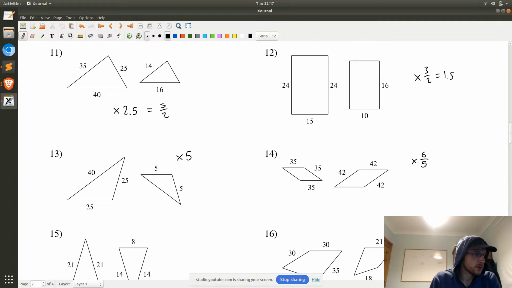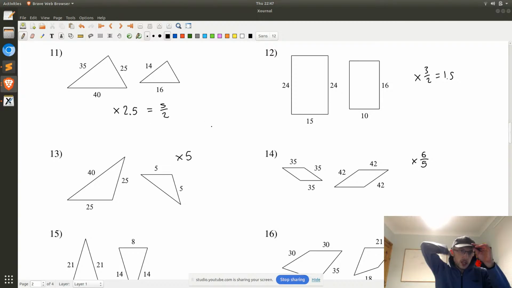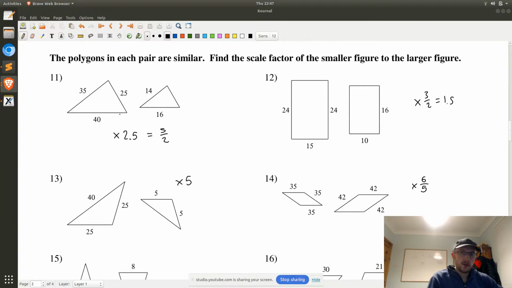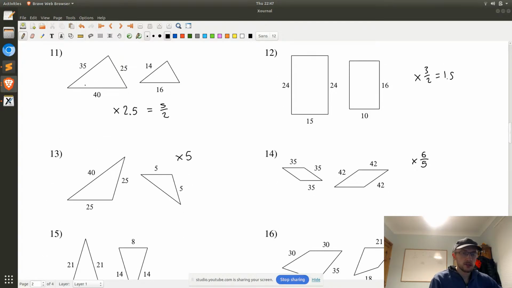And check these four. I see. So they're doing it as ratios. Like it's a ratio of 2 to 5. The scale factor, that's how they call it. That's fine by me. 2 to 5.